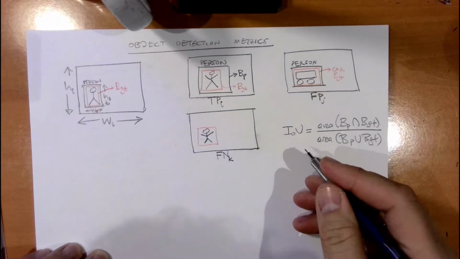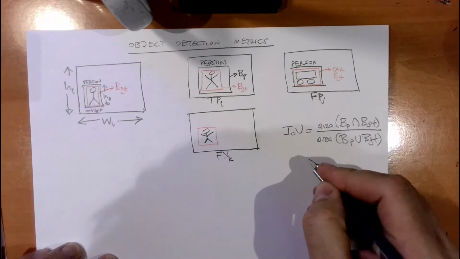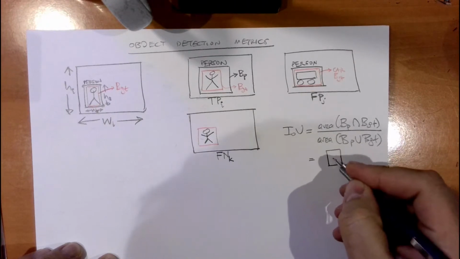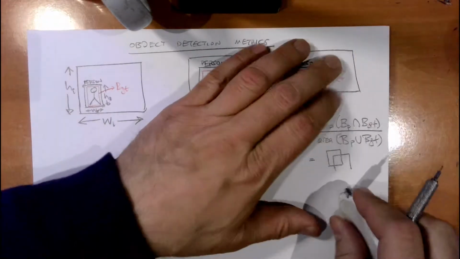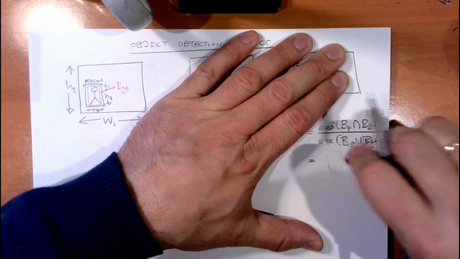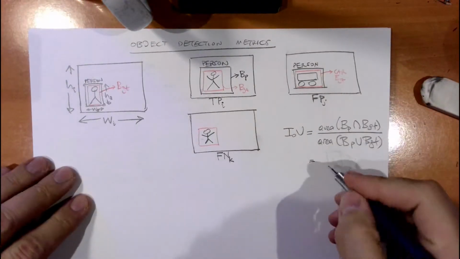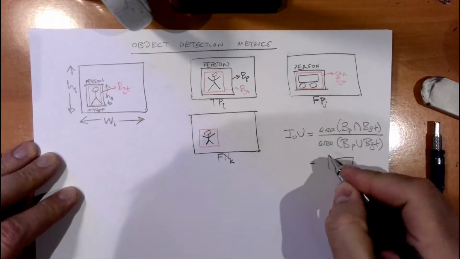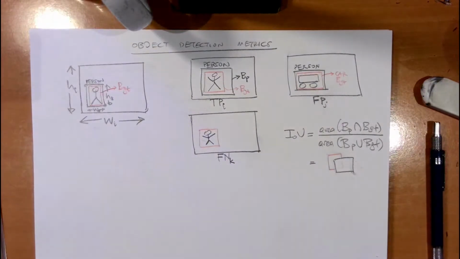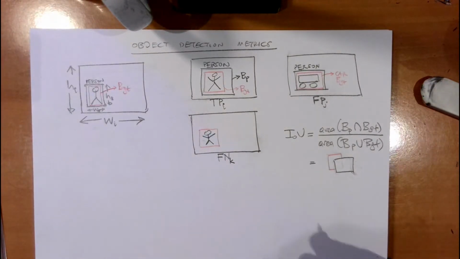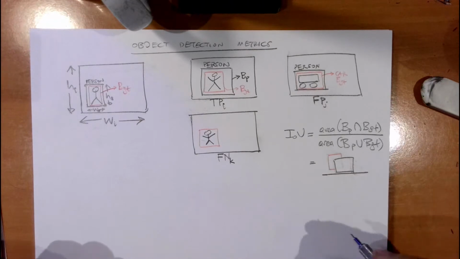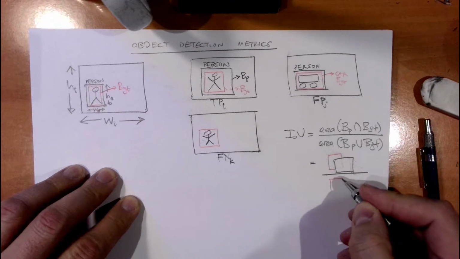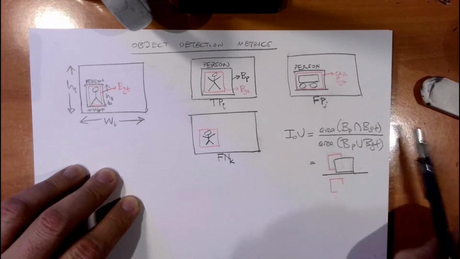Okay, so if I may represent it as two bounding boxes, this will be the ratio. I put one in black and the other one to be the ground truth, divided by the union.